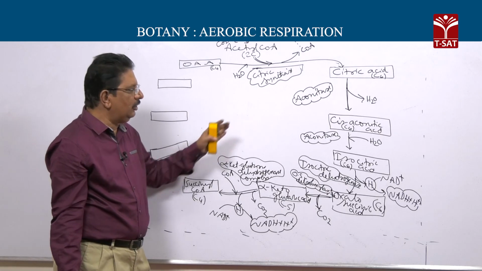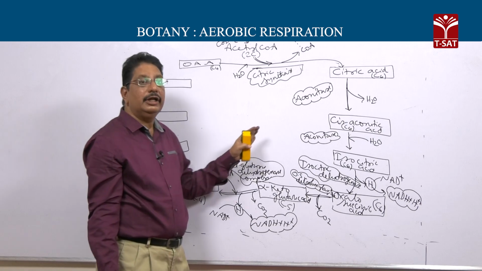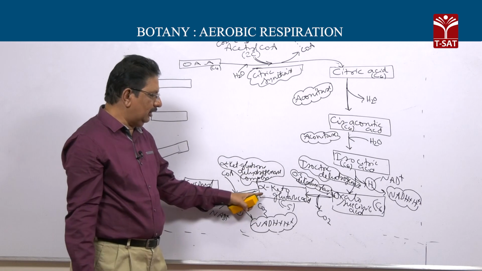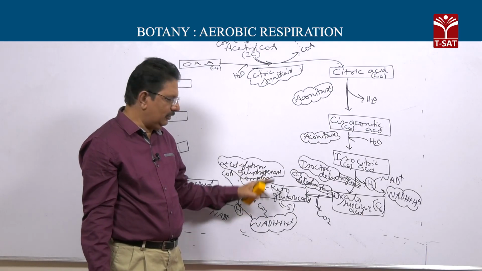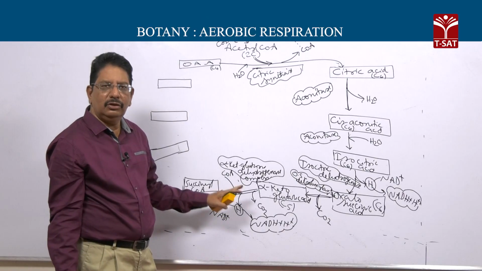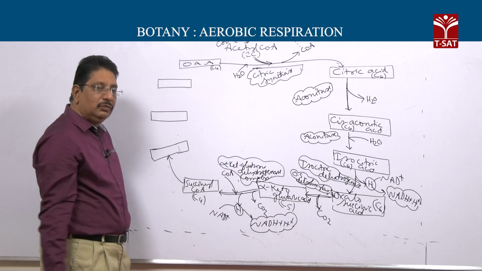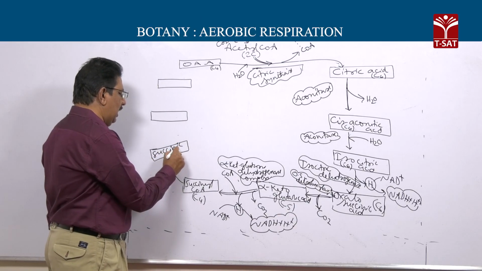In fact, the number of carbon atoms in all these intermediates is going to be an important item as far as MCQs are concerned. So, the first and last C5 compound in the Krebs cycle is definitely alpha-ketoglutaric acid.